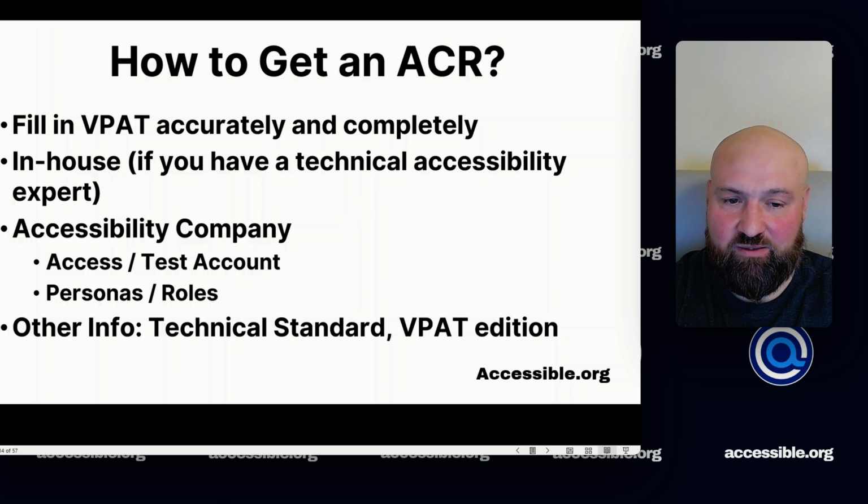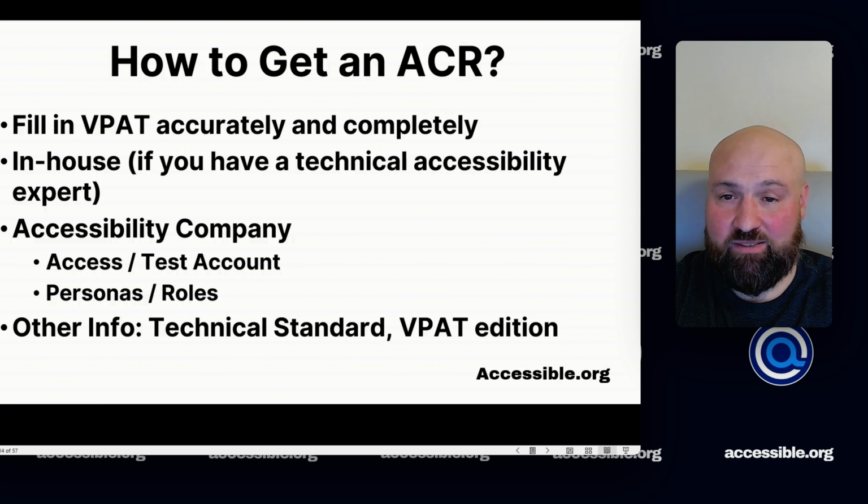Other information that is relevant is the technical standard that you would like the accessibility audit conducted under and you would like to use in filling in the VPAT. So most clients go with WCAG 2.1 conformance level AA. However, increasingly so, more clients are going with WCAG 2.2 level AA, and then also the VPAT edition.